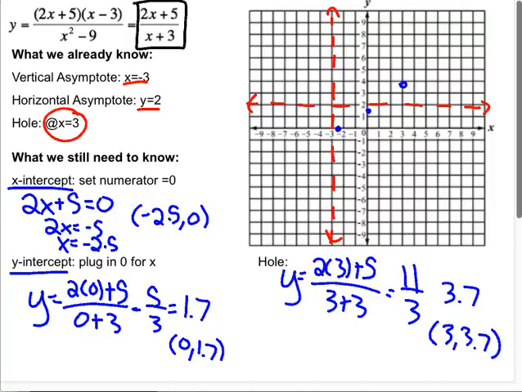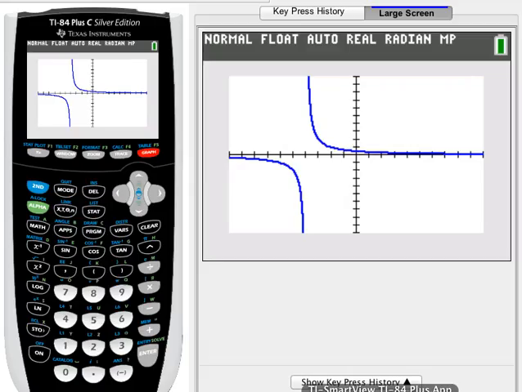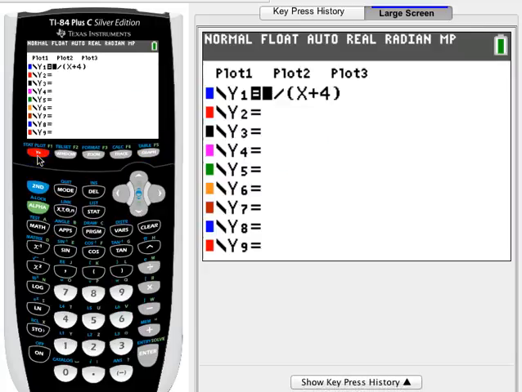And actually, all right, so let's take a look at this. So let's type in our equation.